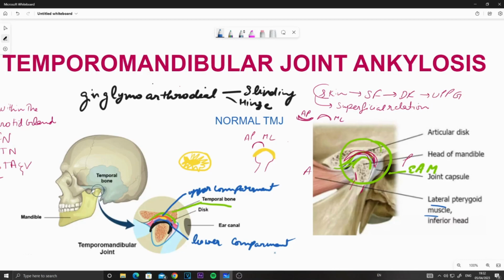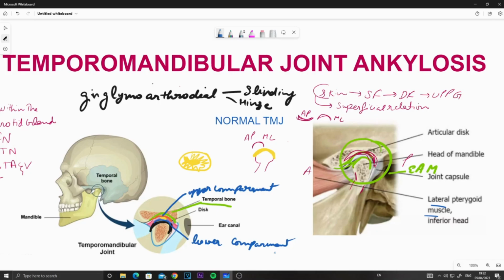Now this joint is surrounded by a connective tissue capsule that extends from the temporal portion of the glenoid fossa above to the condylar neck below, having attachment with the disc laterally.